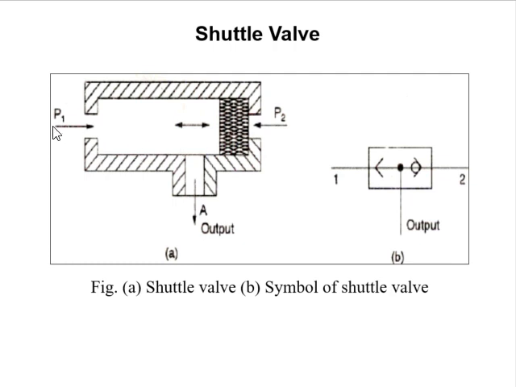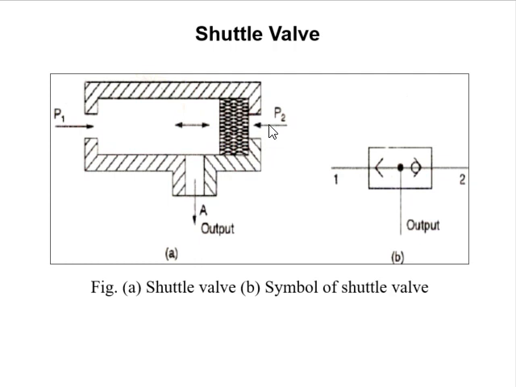Whenever the pressure comes from P1, it applies force on this valve, it shifts towards the right and closes the P2 port. Now you will get the output from P1 towards A. In the second case, if there is no pressure from P1 and there is pressure from P2, this valve will shift towards the left side and close the P1 port.